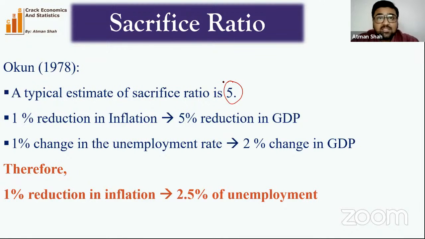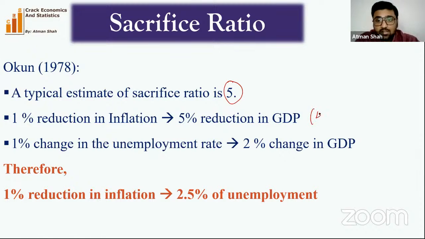So there is always a trade-off between inflation and unemployment according to Phillips, and Okun estimated this sacrifice ratio.